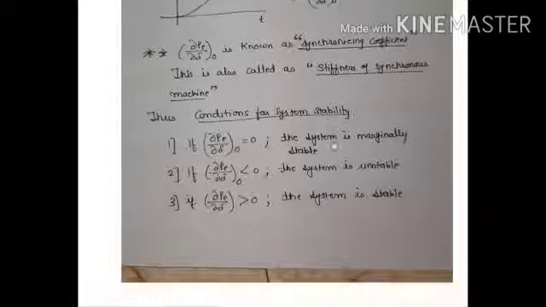Thus, we can conclude the conditions for system stability. First, if the synchronizing coefficient value is equal to 0, the system is said to be marginally stable. If the synchronizing power coefficient is less than 0, that is negative, the system is said to be unstable.